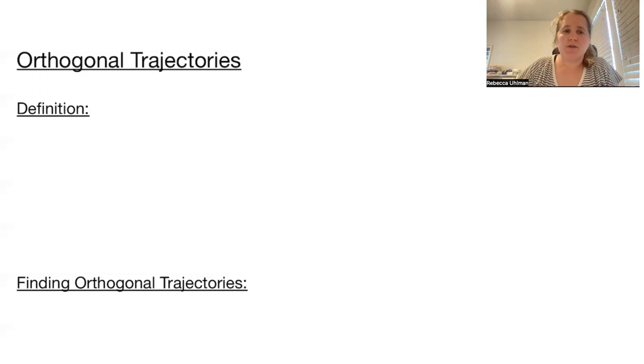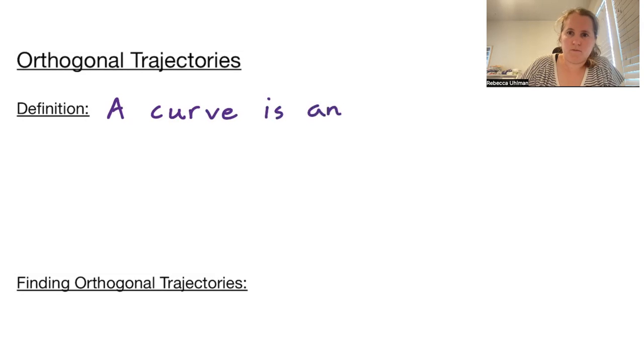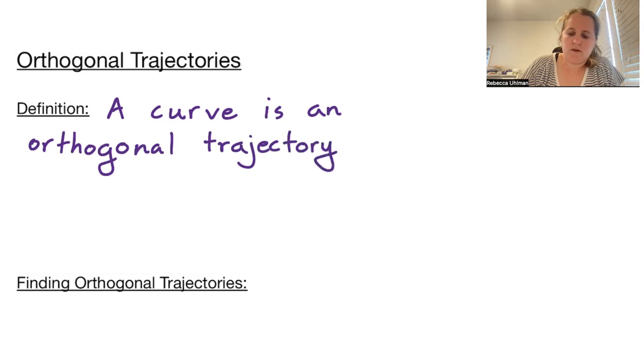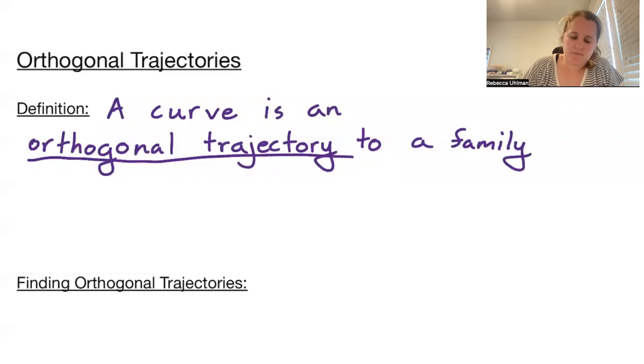Welcome to orthogonal trajectories. So a curve is an orthogonal trajectory to a family of curves if it is orthogonal to every curve in the family.